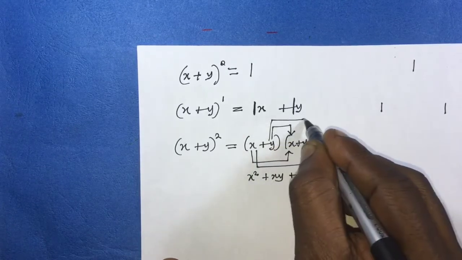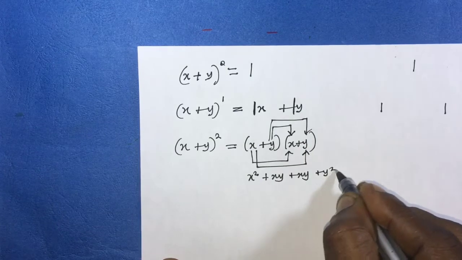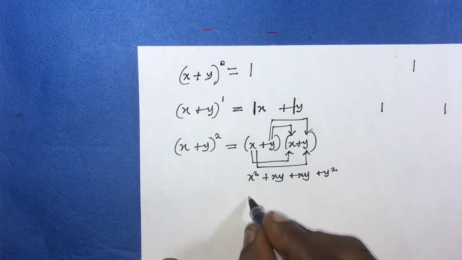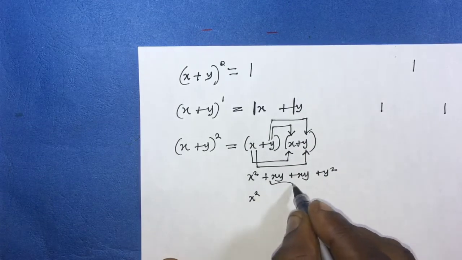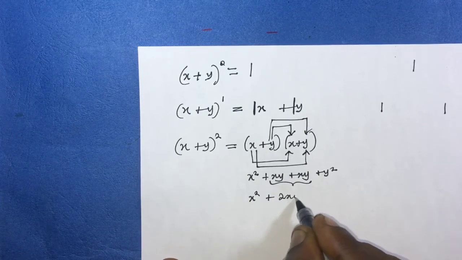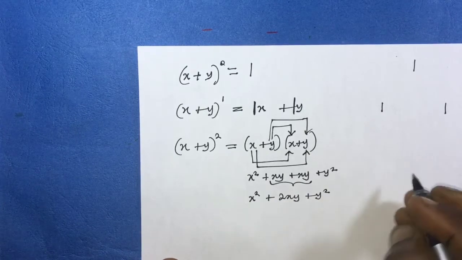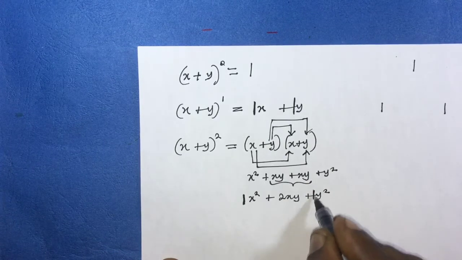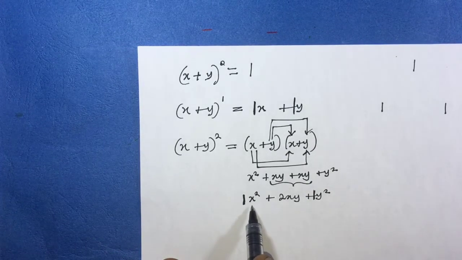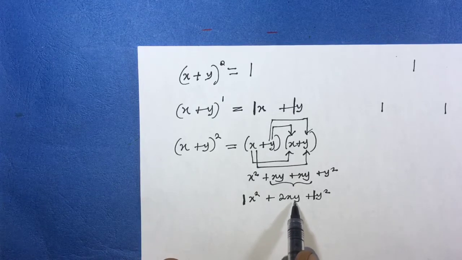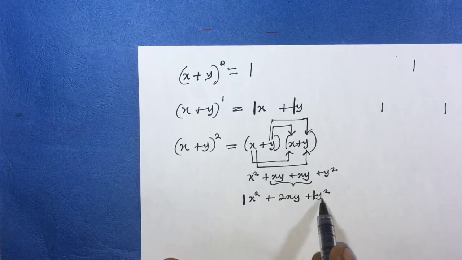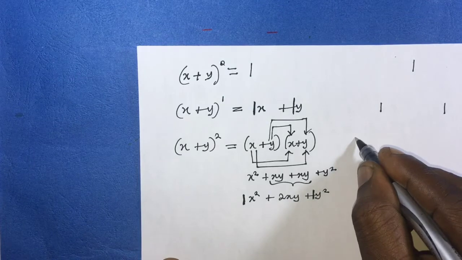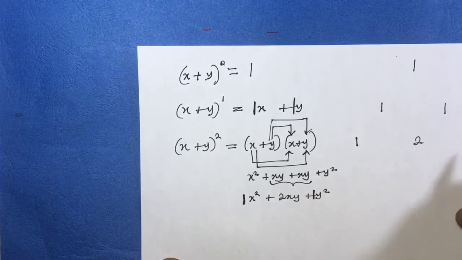And then y multiplied by y gives y squared. Simplifying by like terms, this will add to give you 2xy, and this gives y squared. Notice that in the final expansion, you have 1, 2, 1 as the coefficients, 1 being the coefficient of x squared, 2 being the coefficient of xy, and 1 being the coefficient of y squared. And this gives 1, 2, 1.